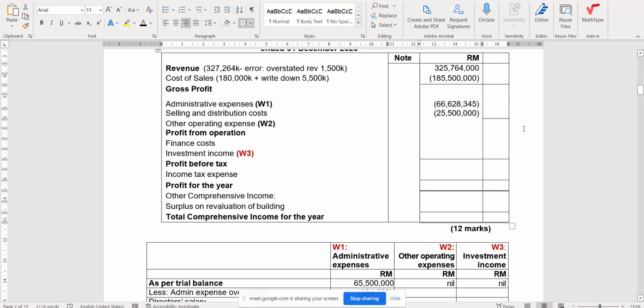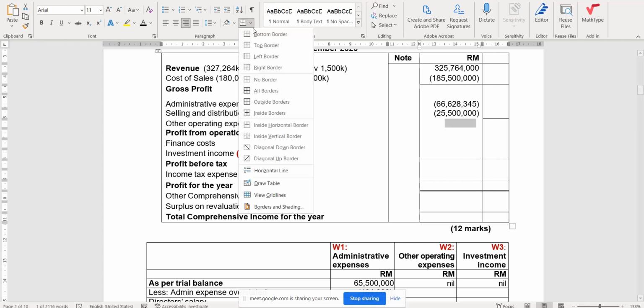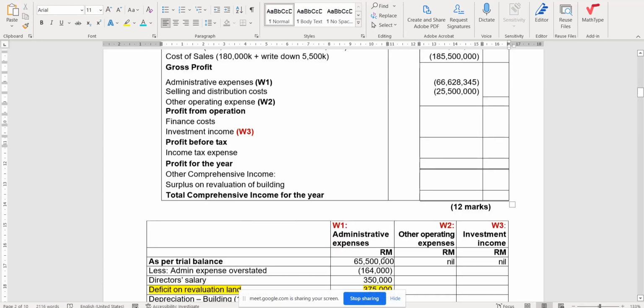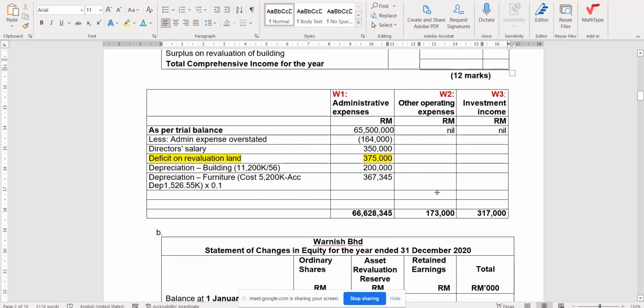Okay. Next, your profit from operation would be, let's look at the profit from operation. Okay, this is what I'm doing. Right. Okay, let's look at the other operating expense here.